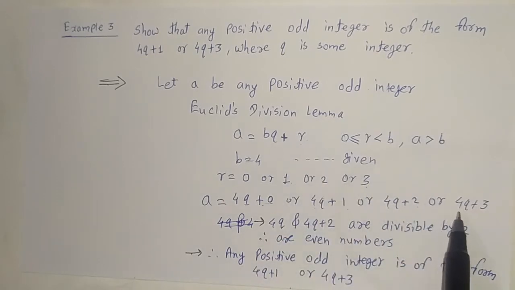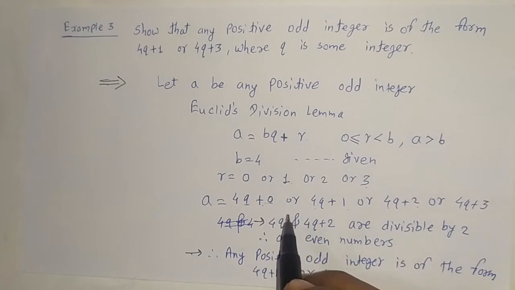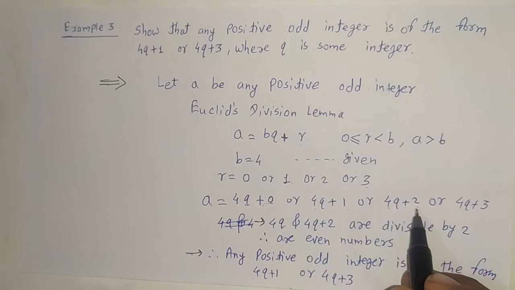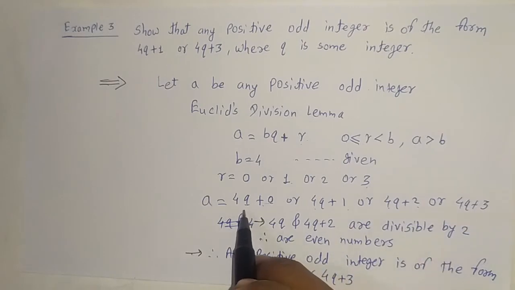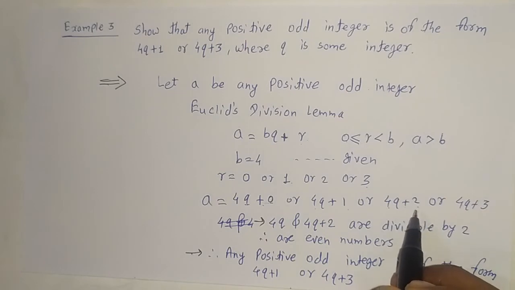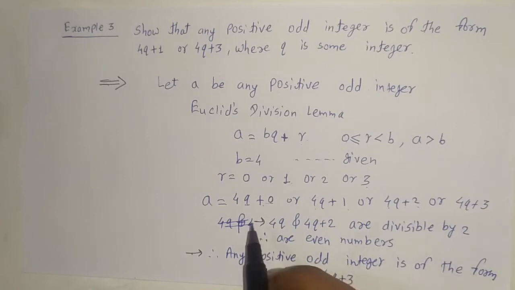So 4q plus 3. So out of these 4 equations, 4q plus 0 and 4q plus 2 are always divisible by 2. Why is that? Because 4q is always a positive even integer and 4q plus 2 will always be a positive even integer, so they are divisible by 2. If we multiply any number by 4, then it will be an even number.